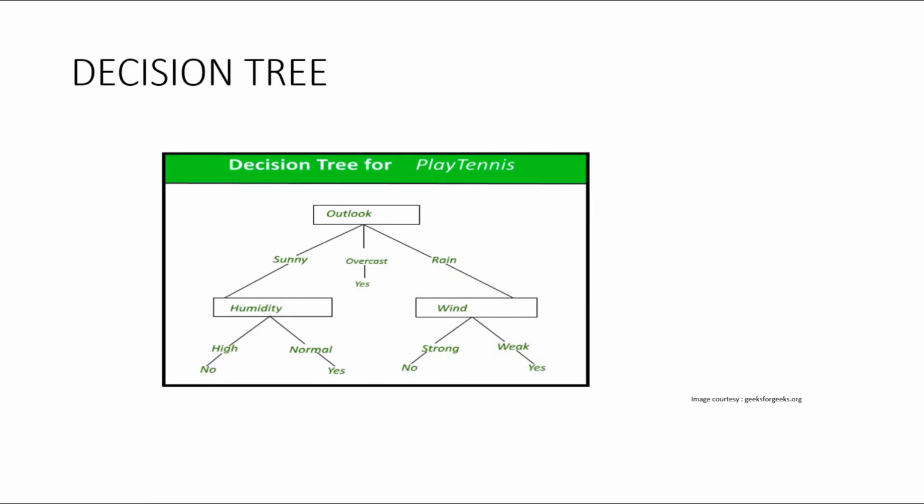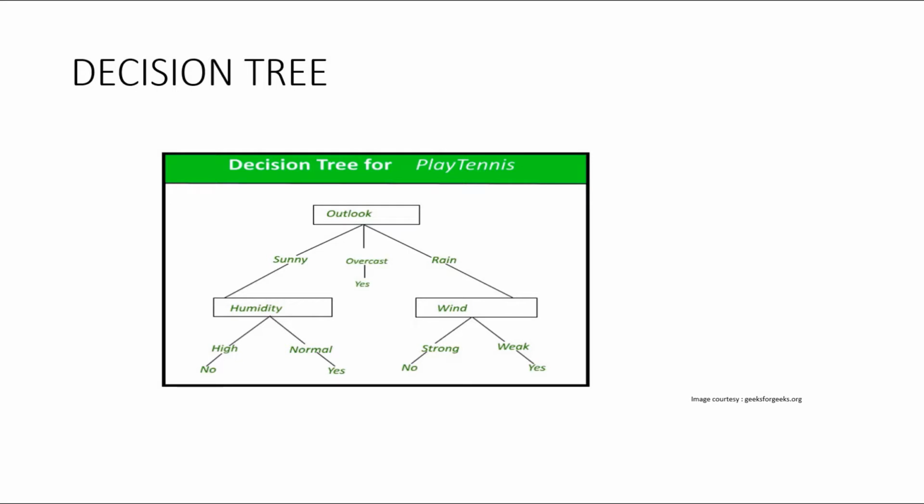Before getting into a random forest in depth, I am going to give some idea on decision tree. A decision tree, you may be familiar, is a flowchart-like structure in which each internal node represents a test on an attribute.